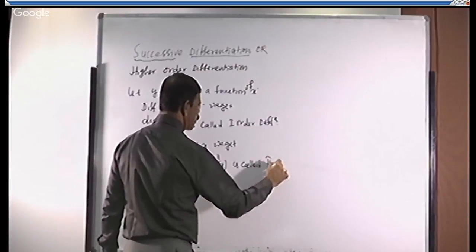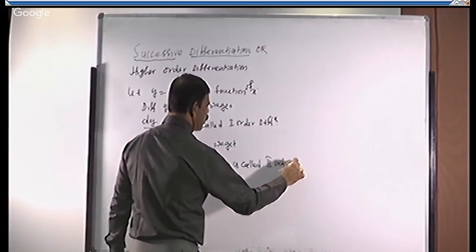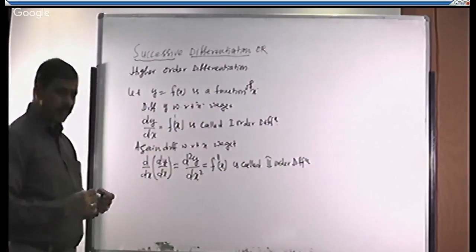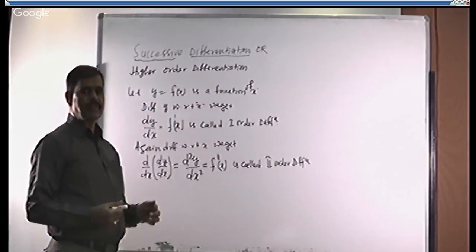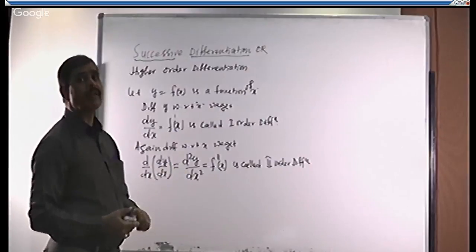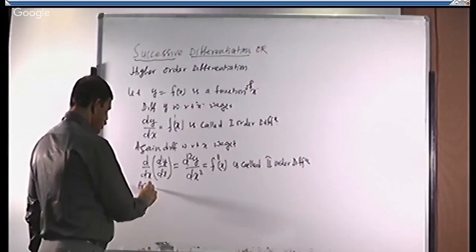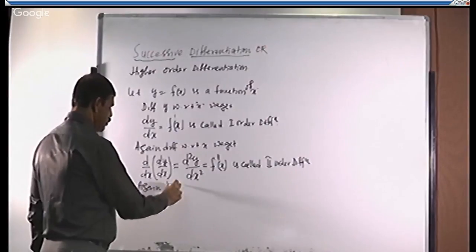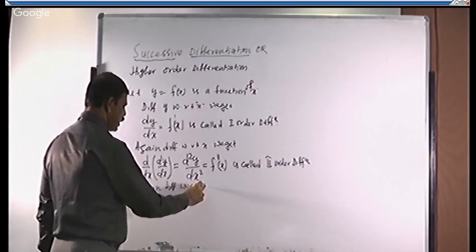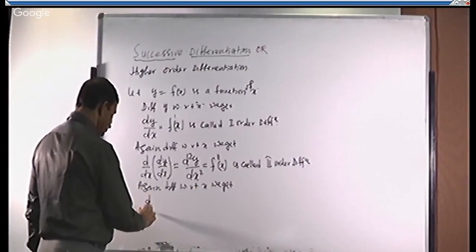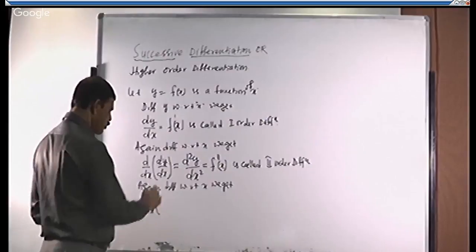second order differentiation. If this second order derivative is again differentiable, then again we can go for third order differentiation. Again differentiate with respect to x, we get d by dx of what we are going to differentiate.